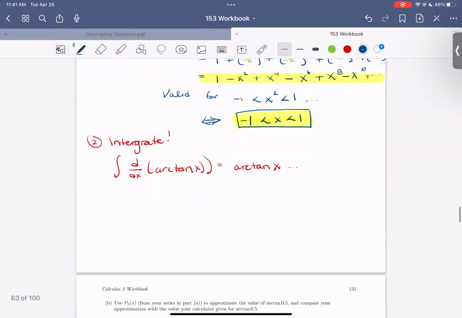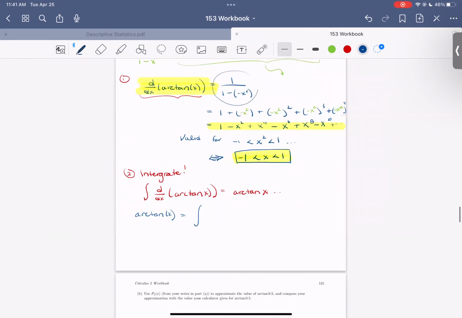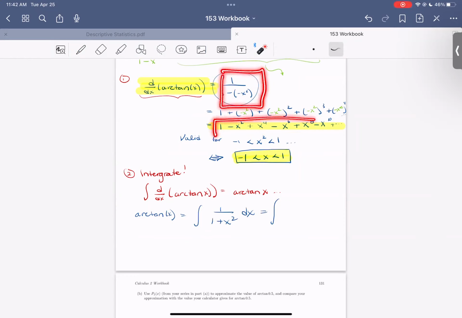So we see that the arctan of x is equal to the integral of 1 over 1 plus x squared dx, which is equal to the integral of that power series we just computed. And you can check to make sure that that is valid. The reason it's valid is because this power series that we just wrote is valid and converges from -1 to 1, meaning that we can integrate and differentiate when x is between -1 and 1.